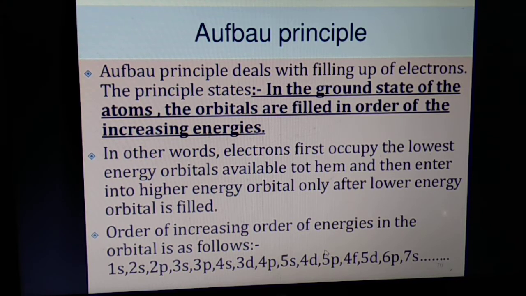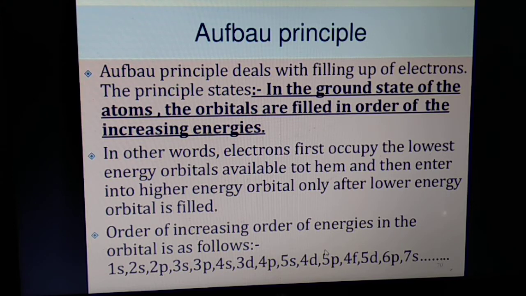The n plus l rule. There is one rule: if n plus l is lower, then its energy is lower. If we compare the n plus l value of 4s, n equals 4 and l equals 0. So n plus l for the 4s orbital is 4.